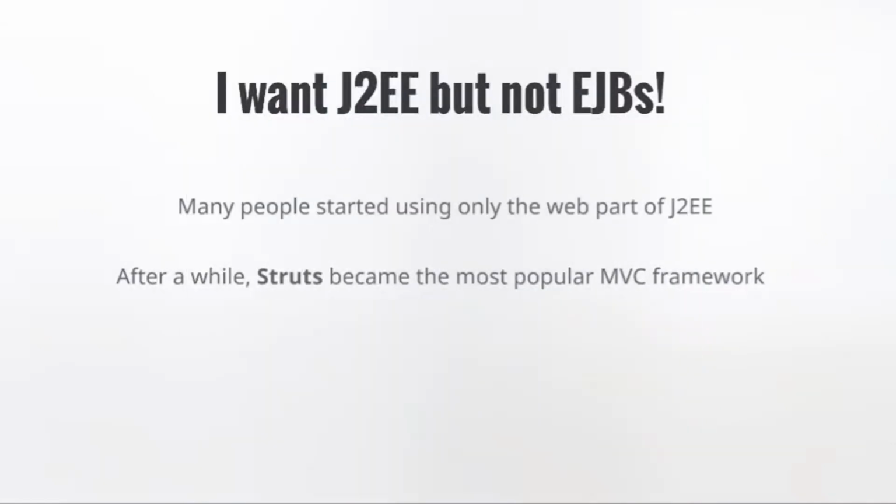What everyone was thinking about was that yes, I want to develop enterprise applications, but no, I don't want to deal with EJBs. It also gave rise to a whole new series of MVC frameworks, which Struts perhaps was one of the more popular ones, but there were many more examples similar to Struts.